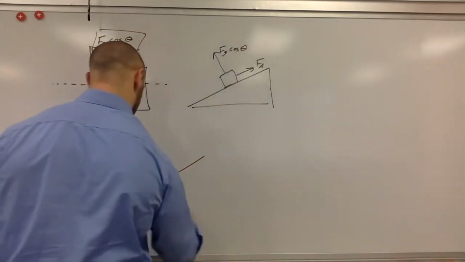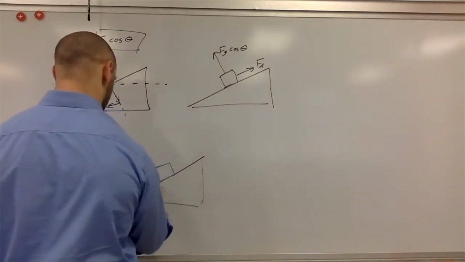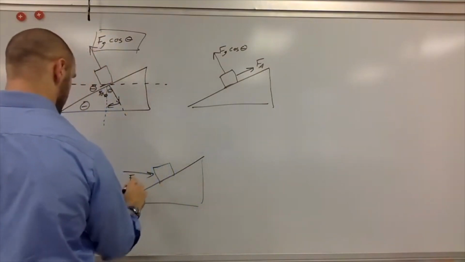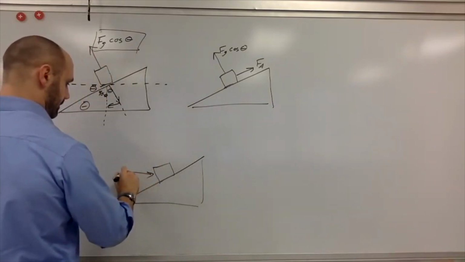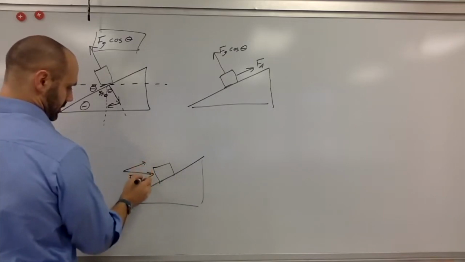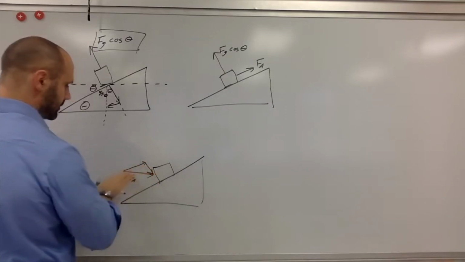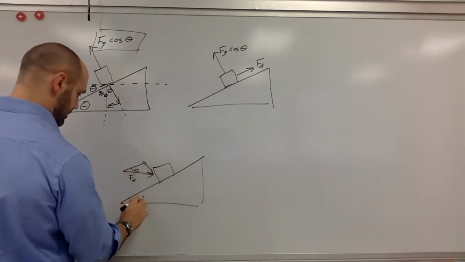But now if I have some force pushing in this way, some Fa, then I can break this up into components parallel and perpendicular to the surface. And this is theta, same as this.